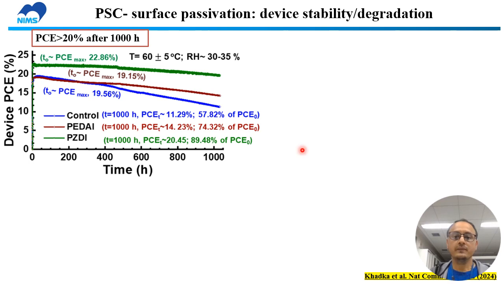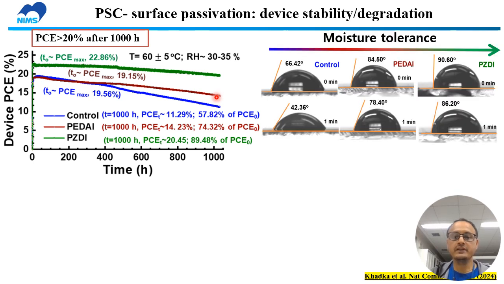And we also compared the device stability. Here, the PZDI film shows better device stability compared to the control and PADI film, and the reason could be the difference in moisture tolerance.